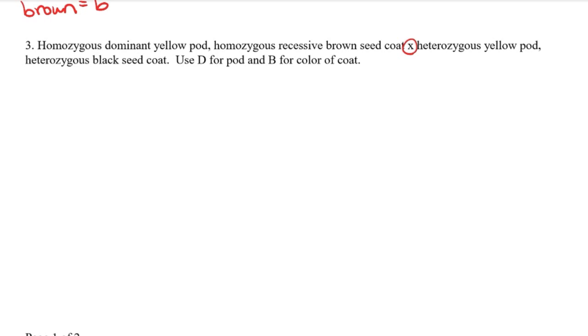Okay, and number 3, homozygous dominant yellow pod, homozygous recessive brown seed coat, crossed, heterozygous yellow pod, heterozygous black seed coat, D for pod, and B for the color of the coat. So I've got yellow pods, but like the problem before this, I don't know what my other color is, and I'm going to write it out, because I'm dealing with colors for both.